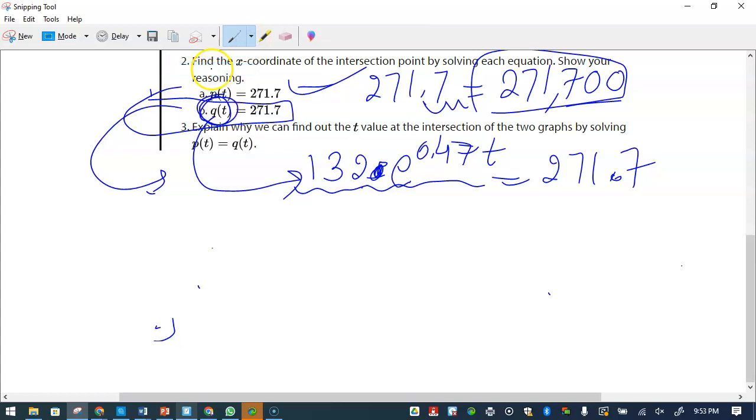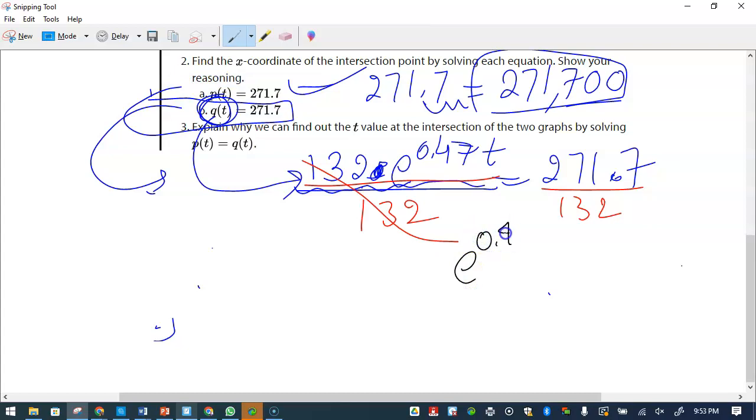Always get away with the number, divide the whole thing by 132 this side, this 132 this side, this goes away, and what you are left with is e raised to 0.0479, sorry, there's a mistake I did, it should be 0.0479 times t equals.